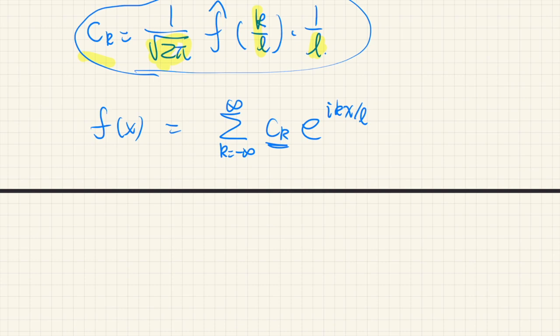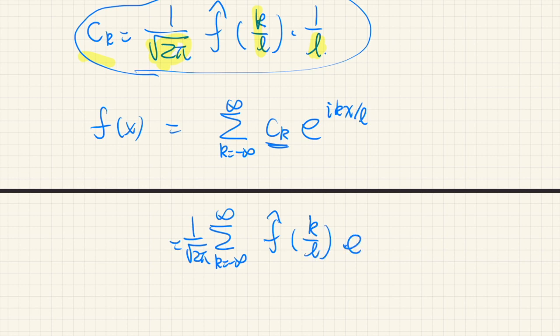Then we have 1 over square root of 2 pi, f hat of k over L, and exponential of i k over L x, and 1 over L.